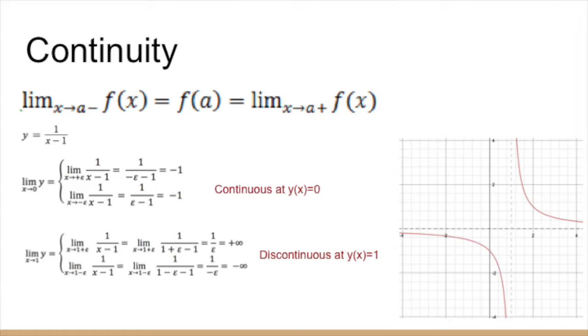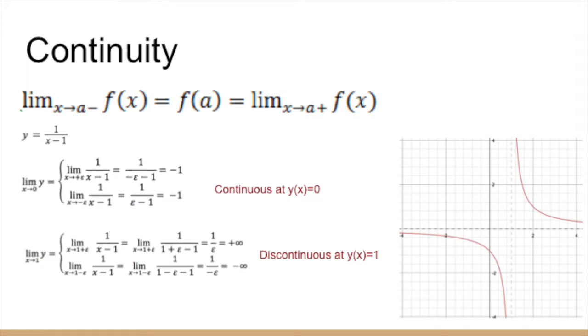A limit might exist, but the function not necessarily be continuous at that point. Consider the example earlier from slide 6. The limit does exist because left and right both are the same results, but it falls on an undefined point.